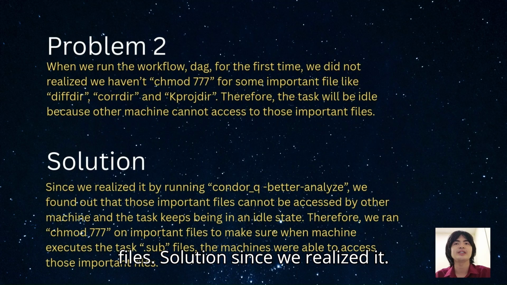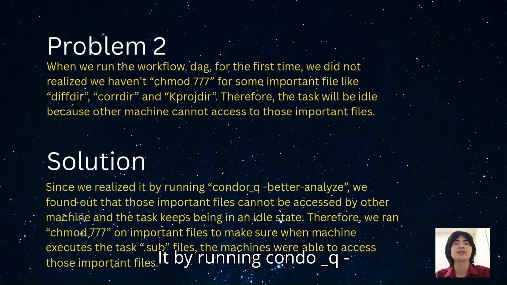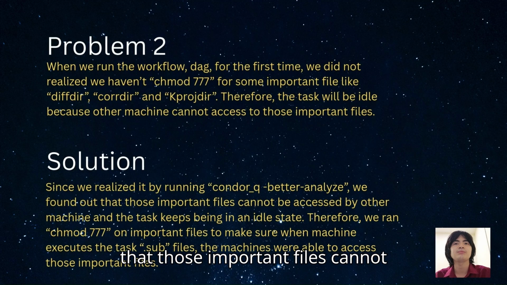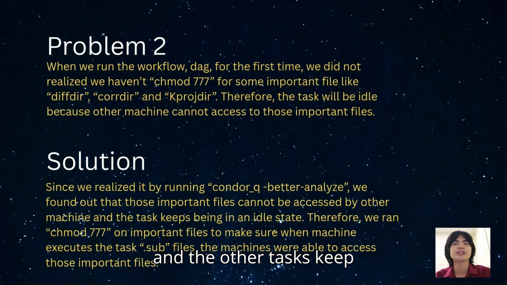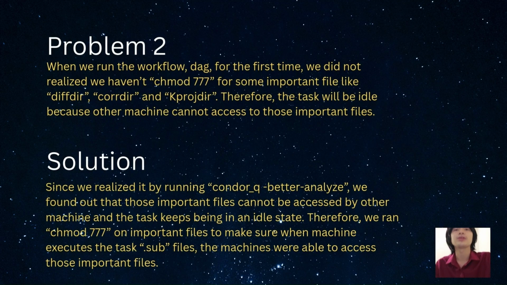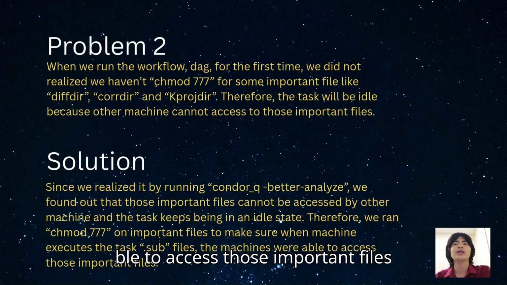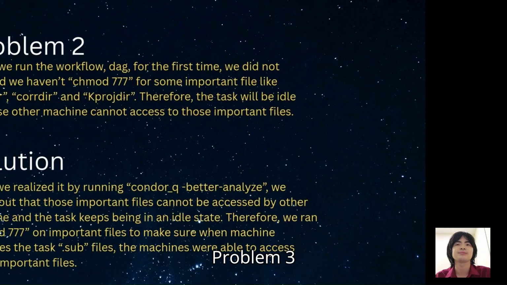We realized it by running condor_q -better-analyze, and found that those important files could not be accessed by other machines and the other tasks kept being in an idle state. Therefore, we ran chmod 777 on them to make sure that when a machine executes the task.sub files, it is able to access those important files.